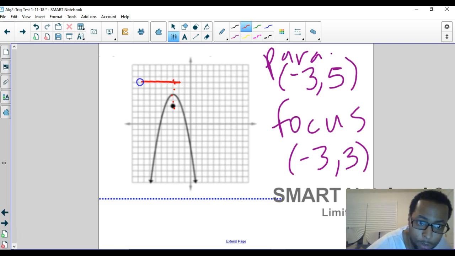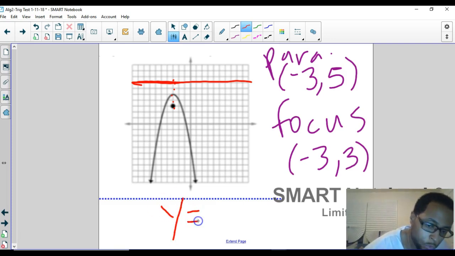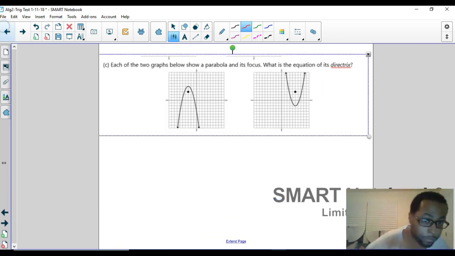But my directrix is going to be an equation, so just give me this line. And that line is on the y-axis because that's the axis it crosses: 1, 2, 3, 4, 5, 6, 7. So my equation is going to be y equals 7.